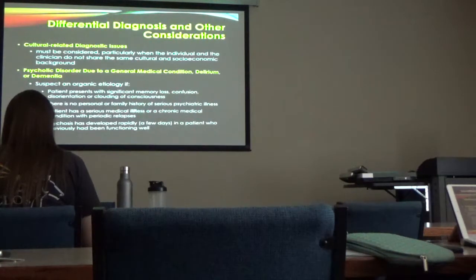The patient has a chronic medical condition with periodic relapses. That could be the renal problem, the diabetes, the high blood sugar, the breathing disorders where you get hypoxic, a lot of other conditions that can explain mental functioning. And then also, this may be the more key thing to look at, psychosis has developed rapidly, like in a few days, in a patient who previously had been functioning well.